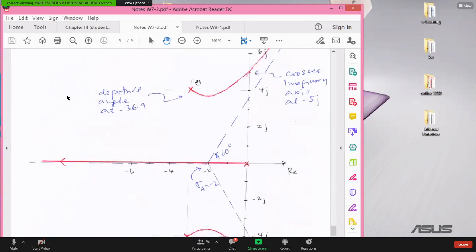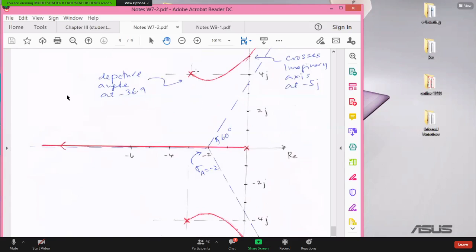Let's say we want to find the departure angle from the pole above the real axis. Now we have two other poles, one pole at the origin and one pole right underneath the complex pole. Of course, that angle is going to be 90 degrees from the complex pole.